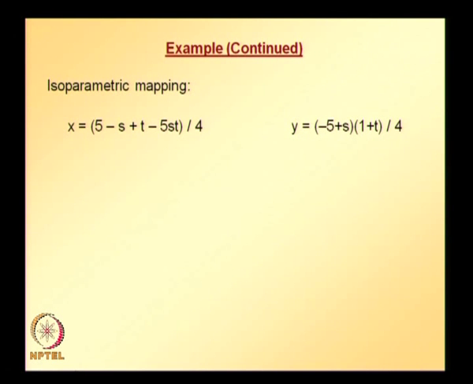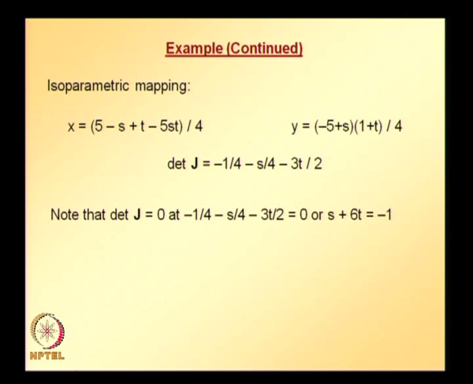Once we do that, we get these relations between x and s and t, y and s and t. Using that, by taking partial derivatives of x with respect to s and t, y with respect to s and t, we can easily calculate the determinant of J, which is given there.